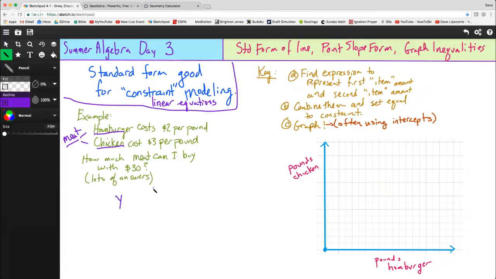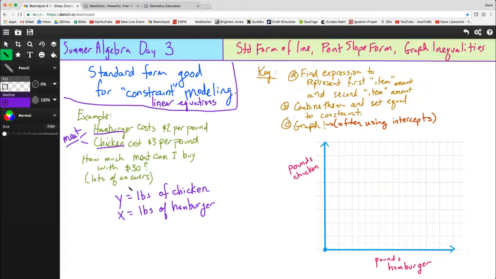We'll say y is equal to the pounds of chicken I buy. I could buy 10 pounds of chicken, and that would be my $30. And we'll let x equal our pounds of hamburger, because we don't know. We can buy more or fewer pounds of each, so we'll let those be variables.